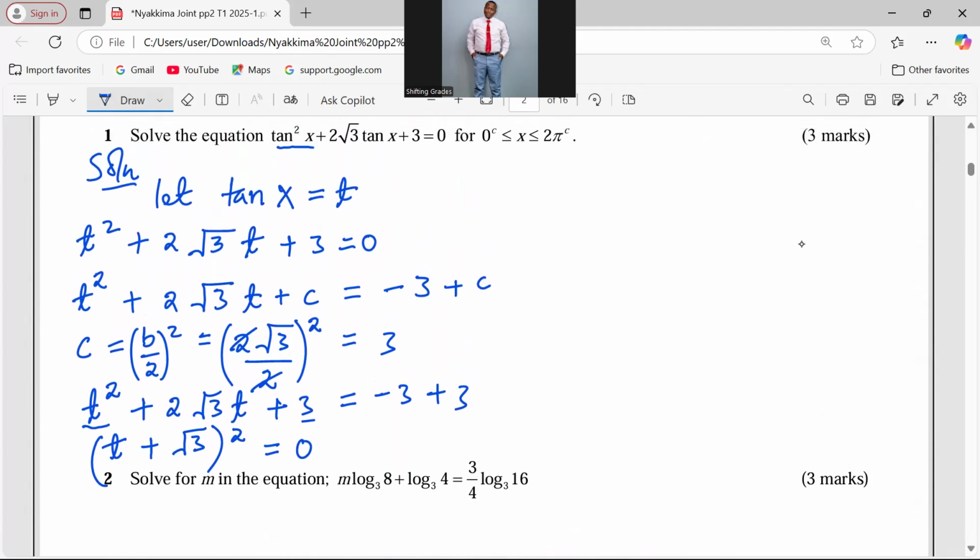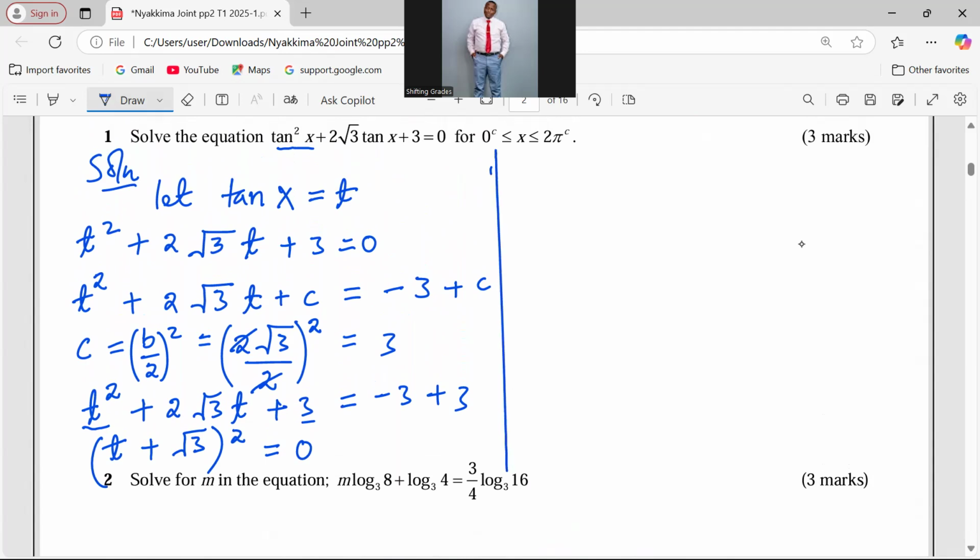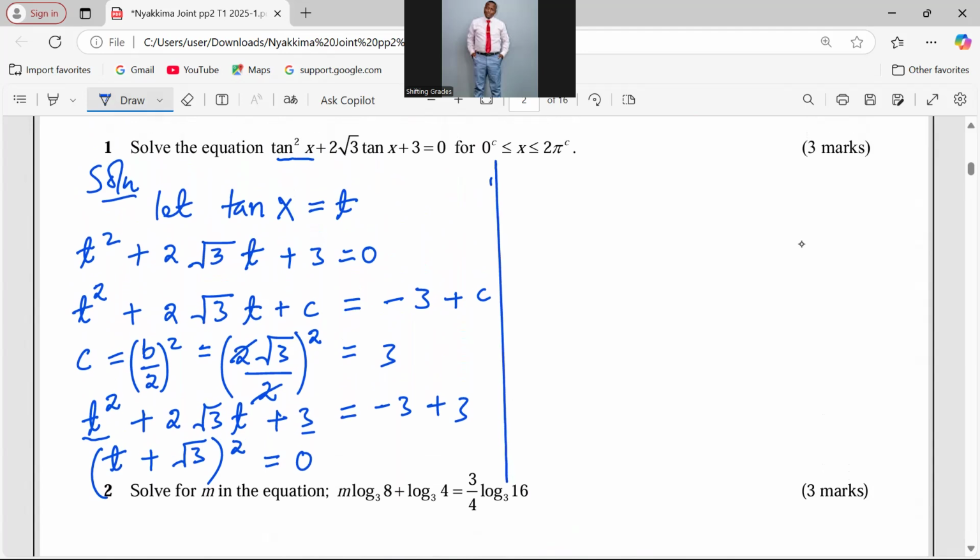Now at this point, we can obtain square roots on both sides, whereby on the left-hand side it will become t plus root 3, we omit the squared, equals the square root of 0, which is just 0.